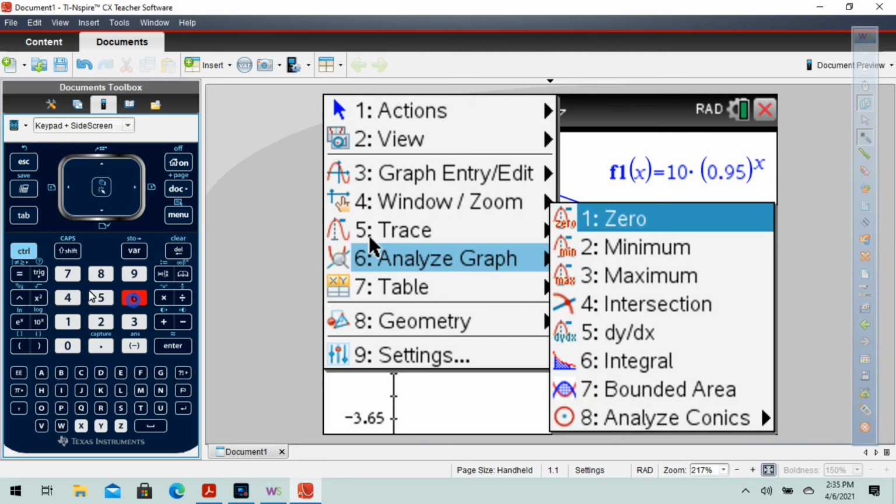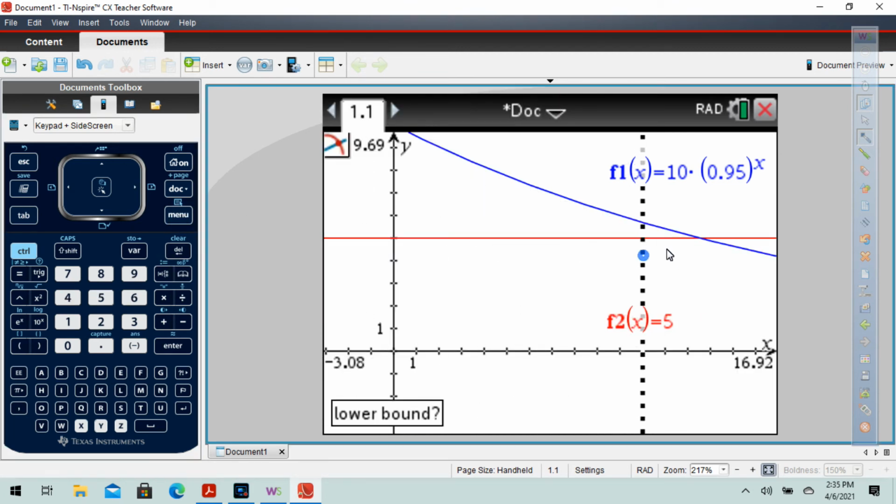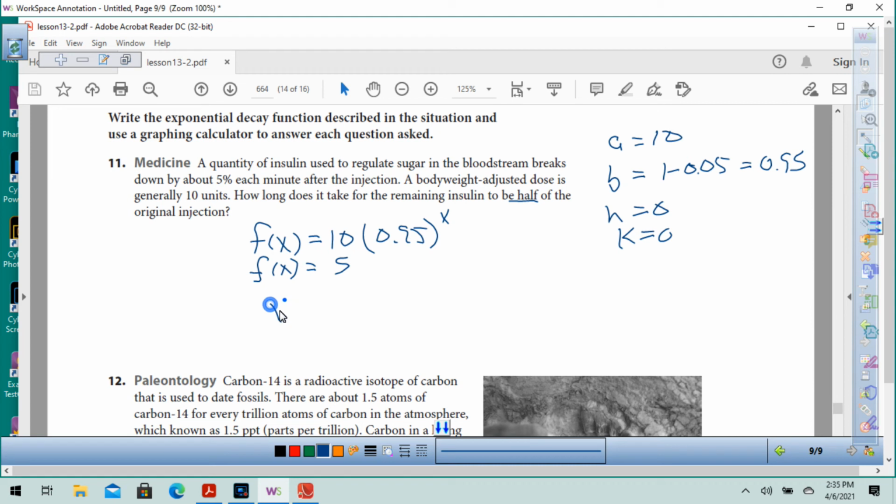Menu, 6, 4, and they cross at 13.5. So X equals 13.5. And basically what that says is it takes 13.5 minutes for the insulin to go from 10 units to 5 units.